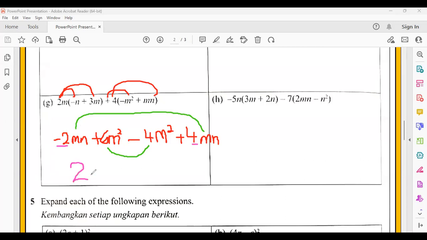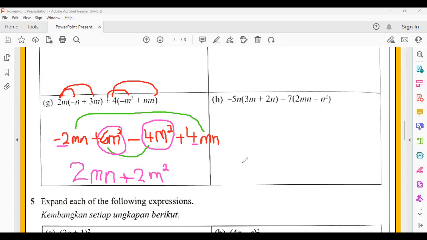So I'll have 2mn. And then 6m squared minus 4m squared. So it's 6 minus 4. So it's positive 2. So it's plus 2m squared.